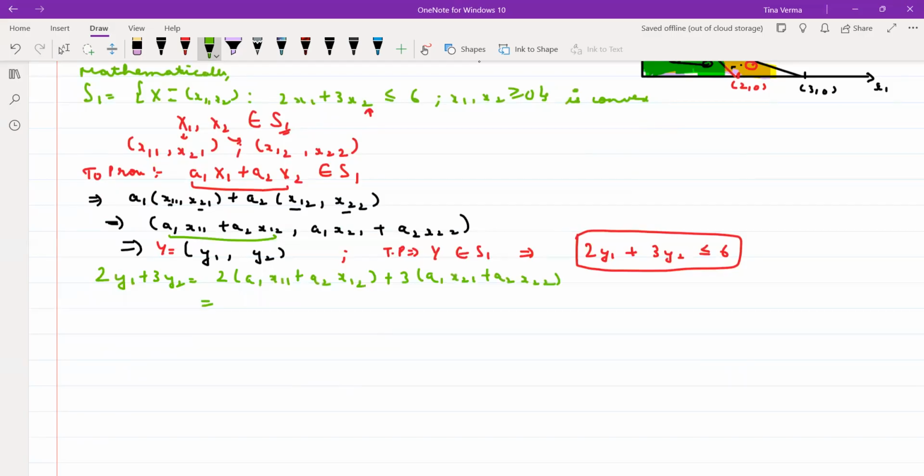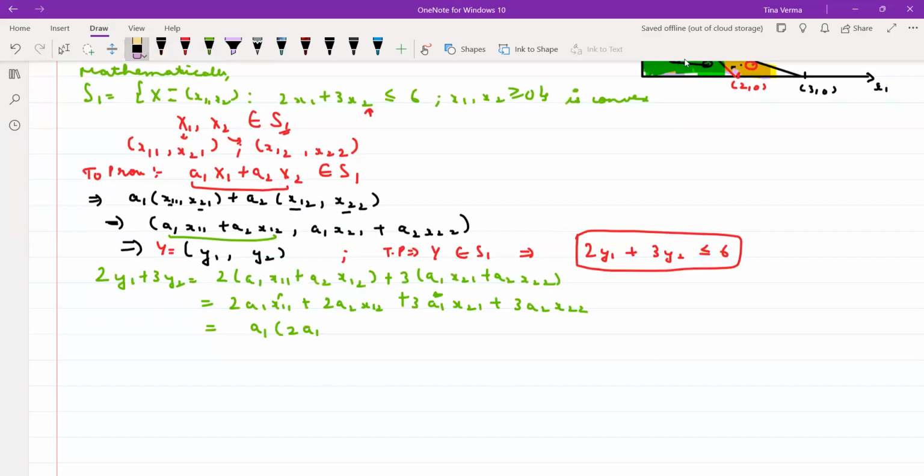If you expand, this will be 2a1 x11 plus 2a2 x12 plus 3a1 x21 plus 3a2 x22. Right? So now you can club these terms. You can take a1 as common, so it will be 2a1.